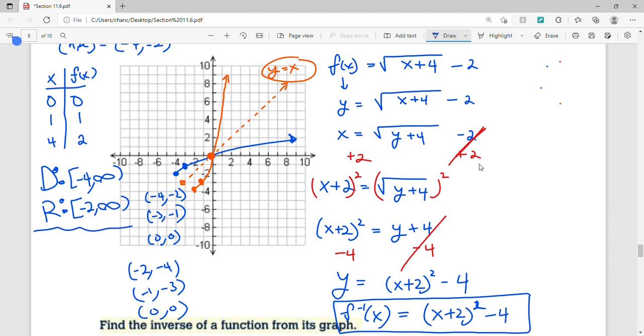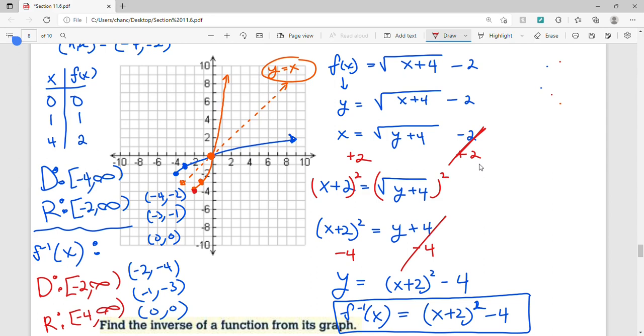But what about the inverse of f of x? The inverse would have a domain that goes from negative 2 to the left, and it goes to the right forever. It goes down to negative 4 for the range, and up forever.